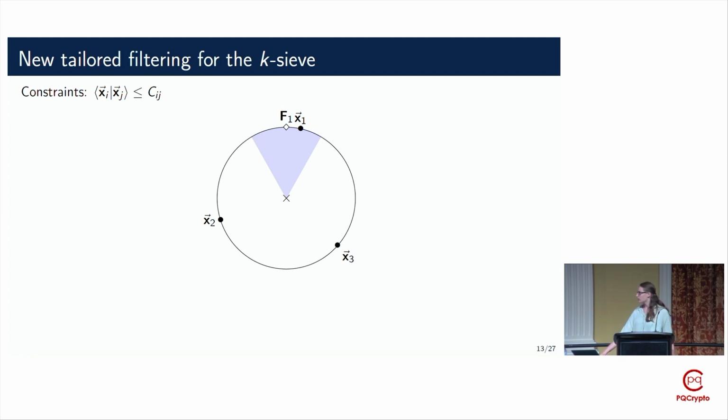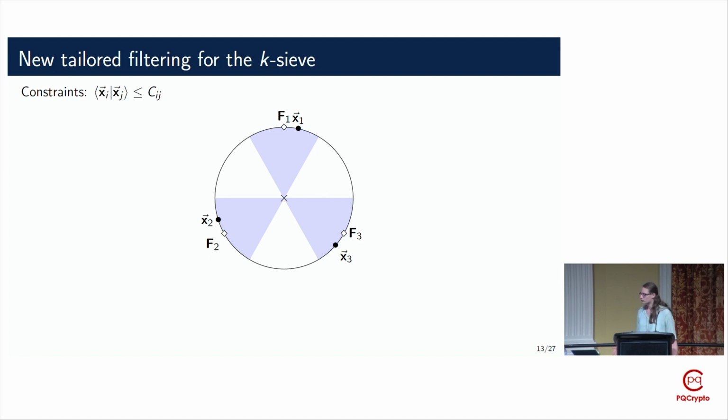So our idea was to construct this object, a modified random product code. We know x1 is in the filter f1, and we wanted to recover f2 and f3, also in the code, so that we can find x2 in f2 and x3 in f3, so that the 3 vectors satisfy the configuration.